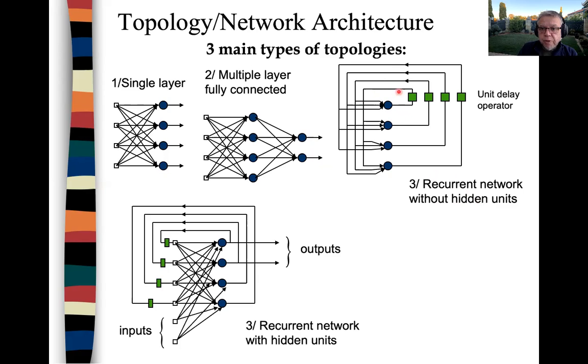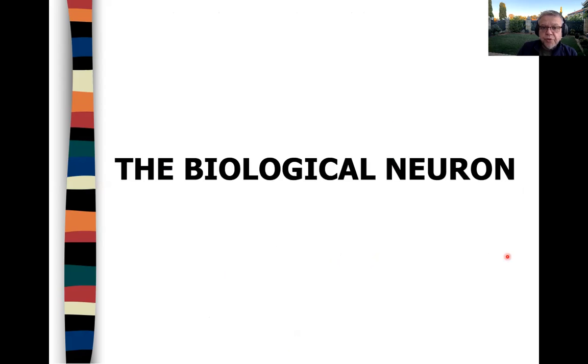So this output is fed back to here, to here, and to here, and to here, okay? And then you're going to need to have a delay, a unit delay operator. You can also have some hidden units in your recurrent network, okay? These are the three main types of topologies.